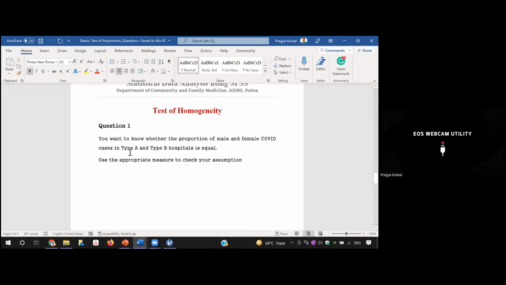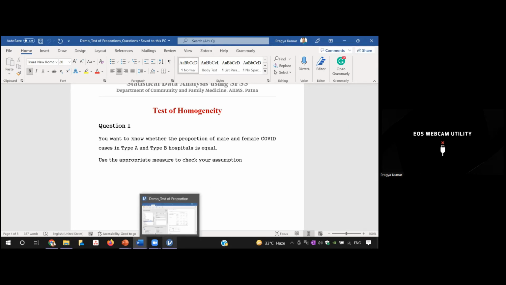We have created this data of type A and type B hospital arbitrarily because it was not present in the data set I explained in the first session, which is the 180 data of the COVID patients admitted in AIIMS Patna, taken out of a total of 1700 data. We added type A and type B only for demonstration purposes.